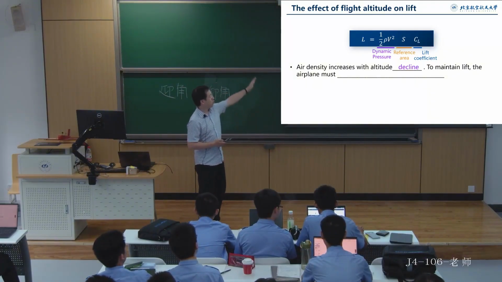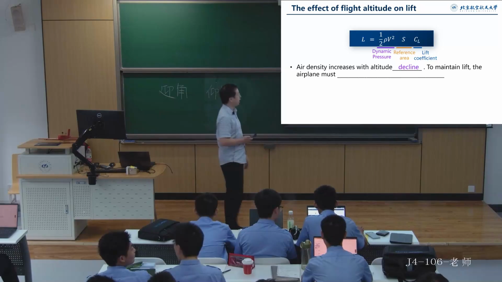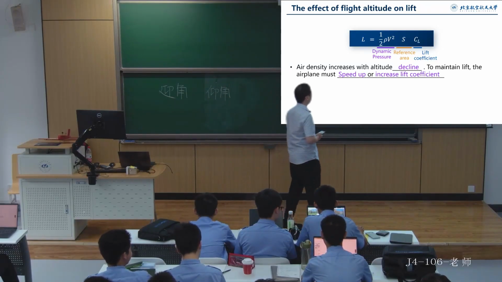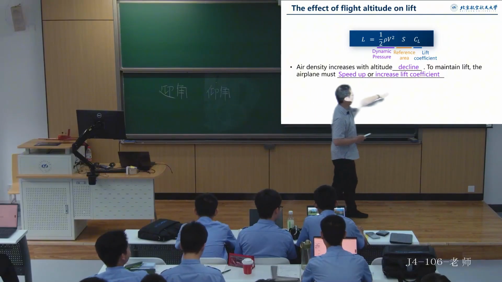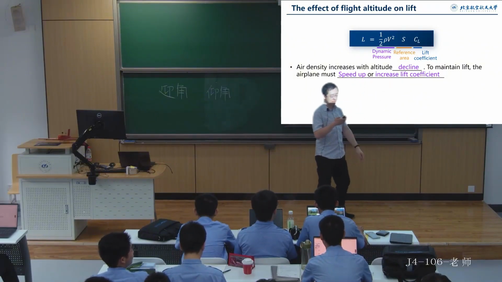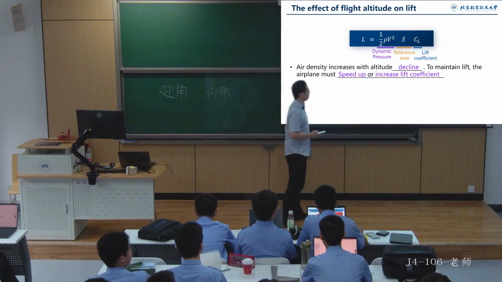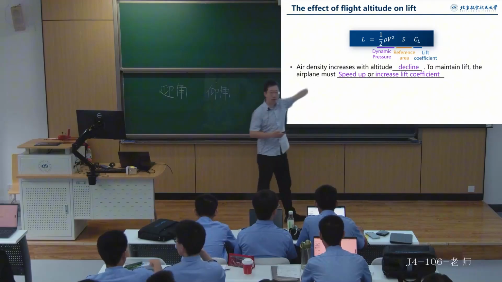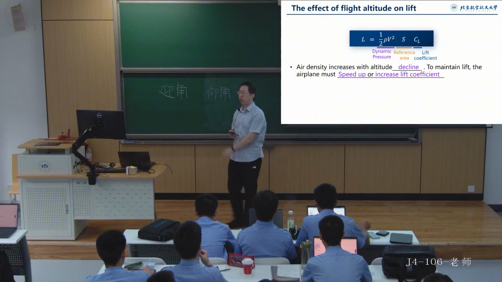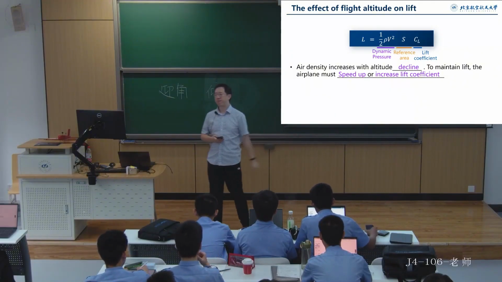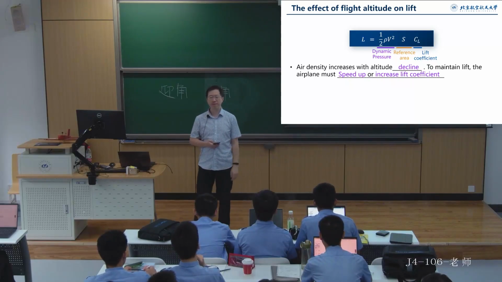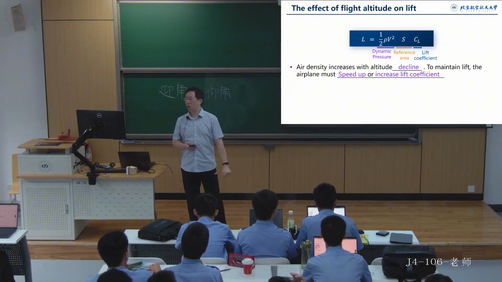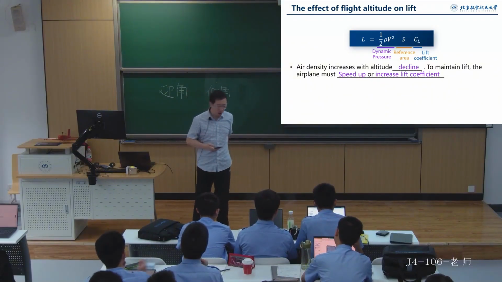Therefore, under normal circumstances, in order to maintain the aircraft's lift, when altitude increases and density decreases, we can choose to accelerate or increase the aircraft's lift coefficient. All right, here we mentioned that we are dealing with speed acceleration. What kind of speed are we increasing?